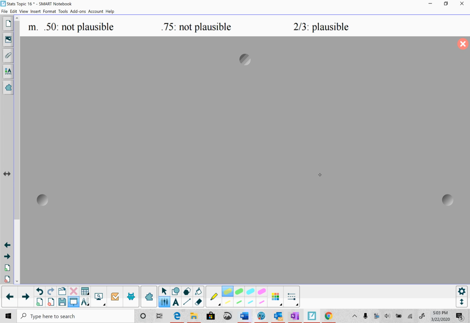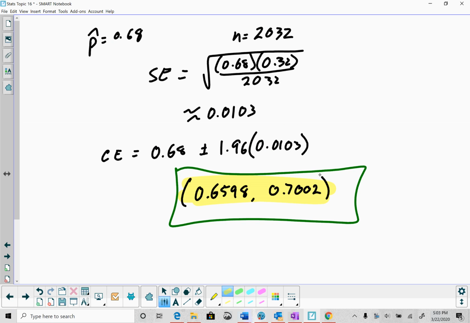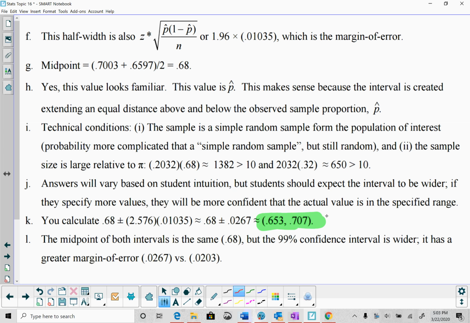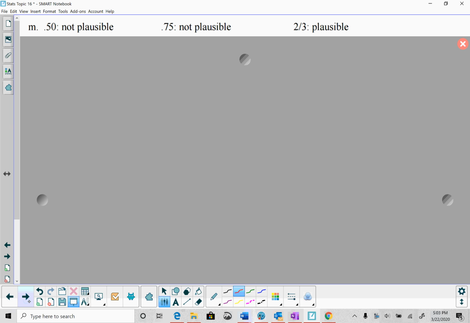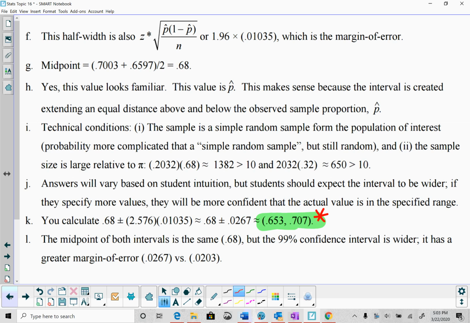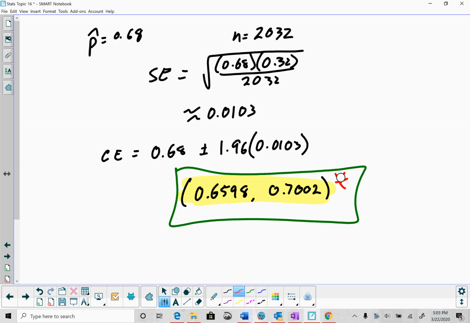What about 0.75? And 0.75, in this case, that's out here. In the wider one, 0.75 is still out here. So no, that's not plausible. Could the population parameter be 2/3? In other words, 0.6666 repeating.